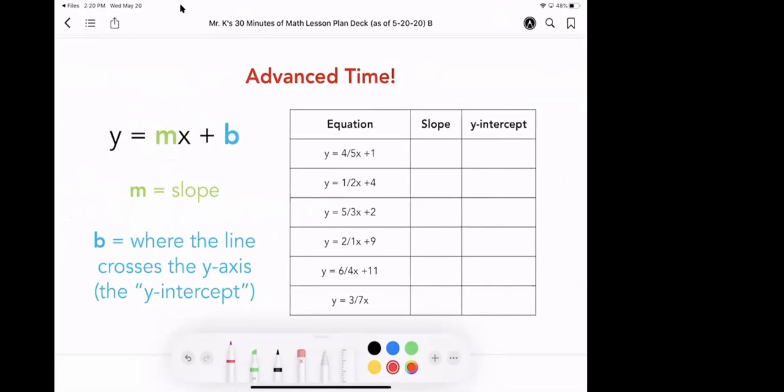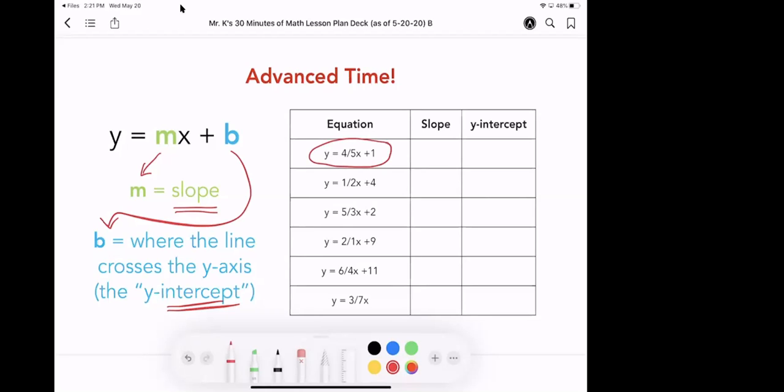That is an equation for a line, and m is the slope of the line, and b is where the line crosses the y-axis, which we call the y-intercept. Intercept means cross. Okay, so here's my question. I'd like you to fill out this chart. If our equation is y equals 4/5 x plus 1, what is the slope of this line?